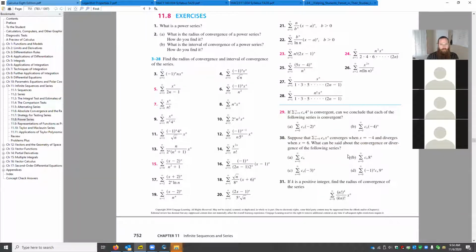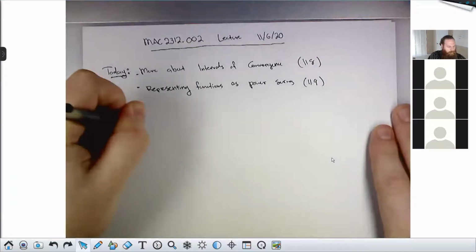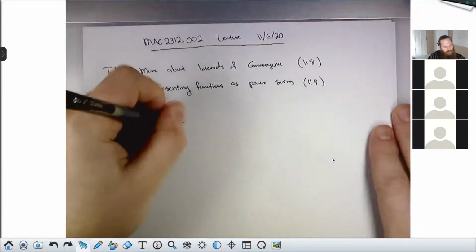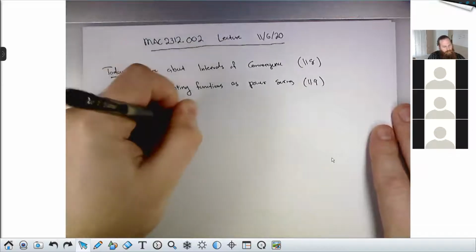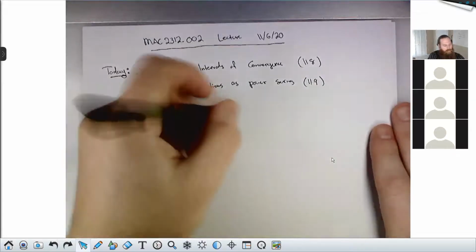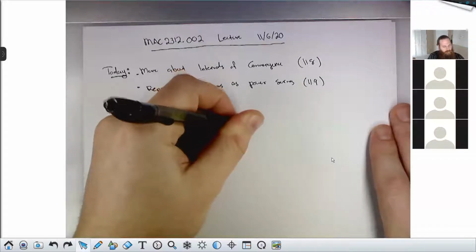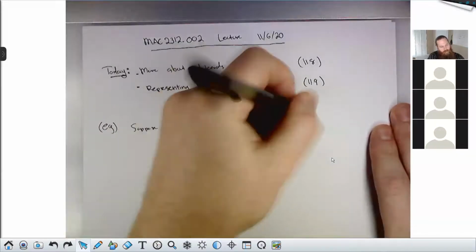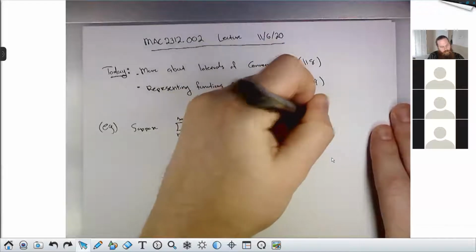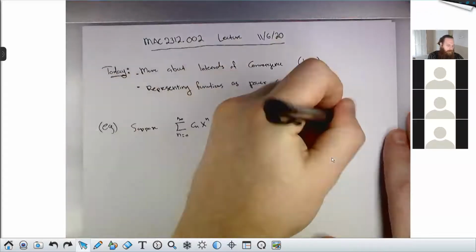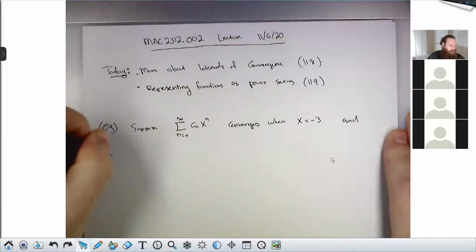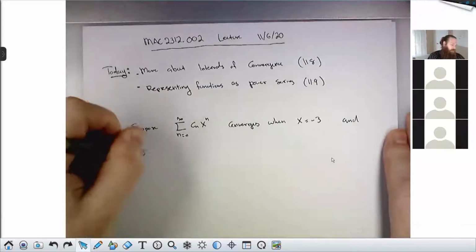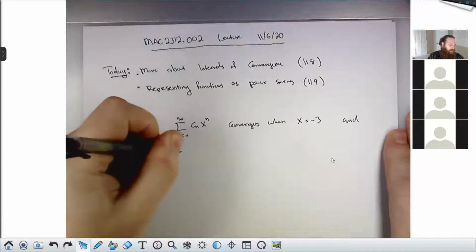But I'm going to ask slightly different questions than the questions they ask here, and then I'll use the answers to answer these. So I'm going to try to give you a little bit of perspective on this. Suppose the power series sigma n from 0 to infinity, cn x to the n, converges when x is equal to -3 and diverges when x is equal to 5.